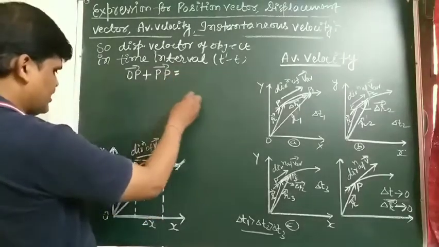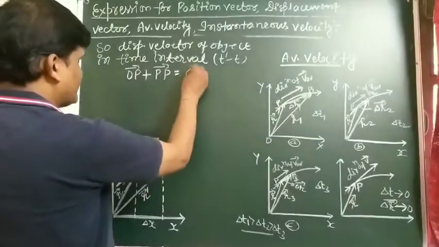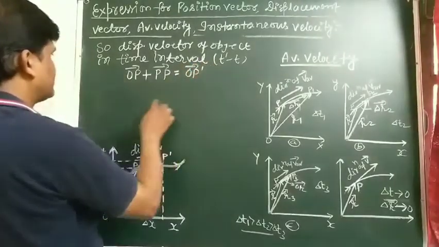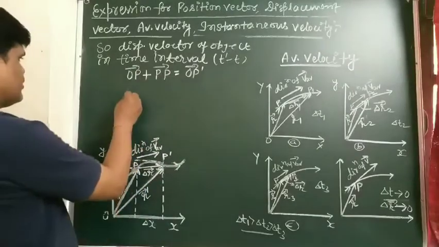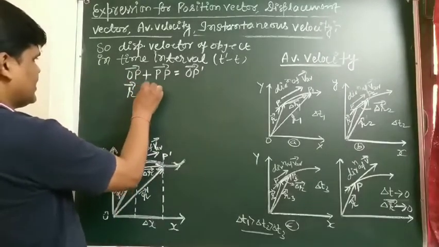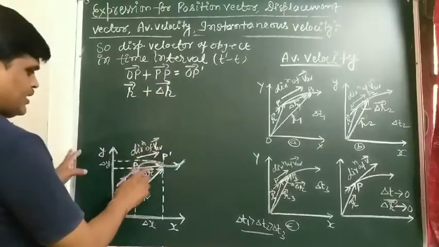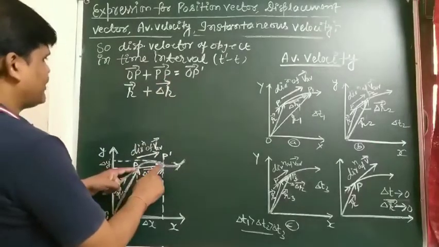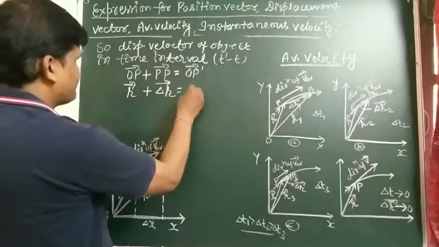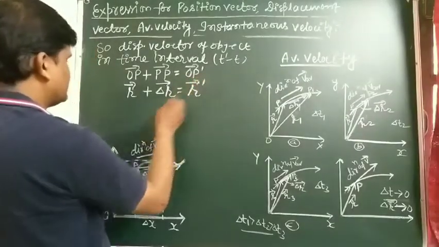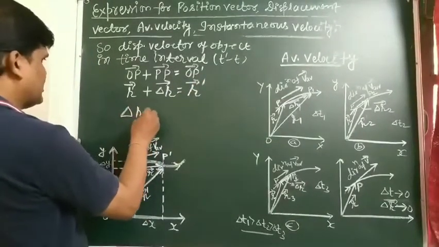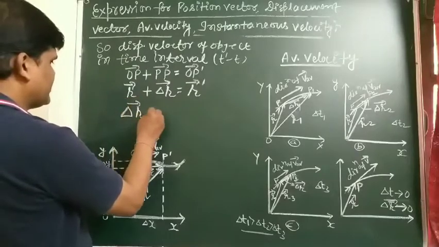So using the triangle law, this is the position vector r, and the displacement vector is from P to P dash.